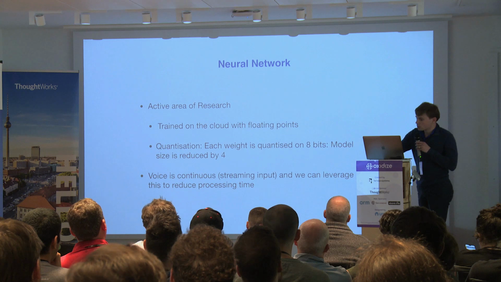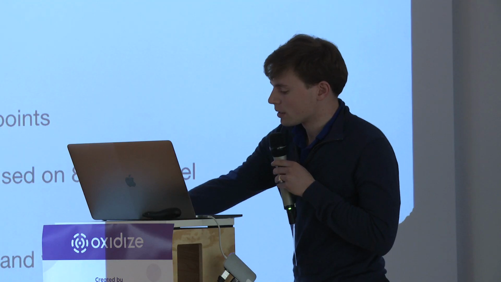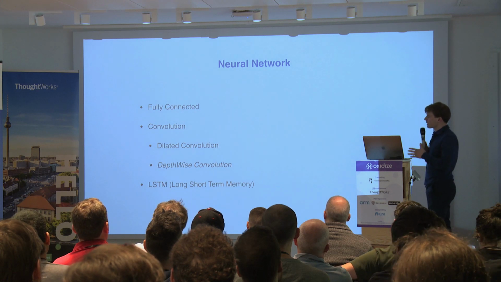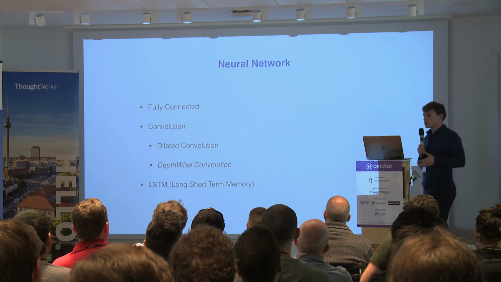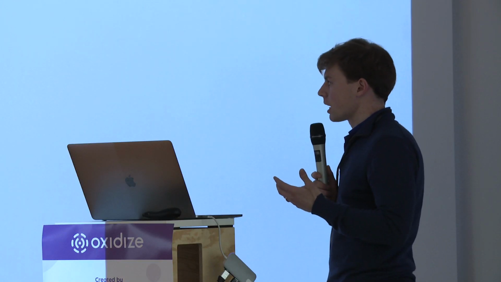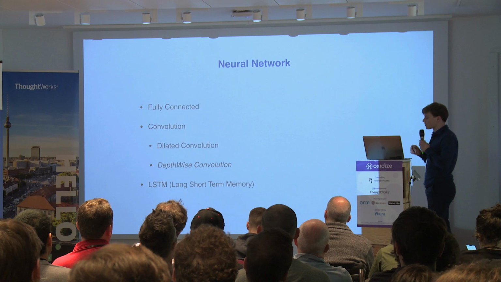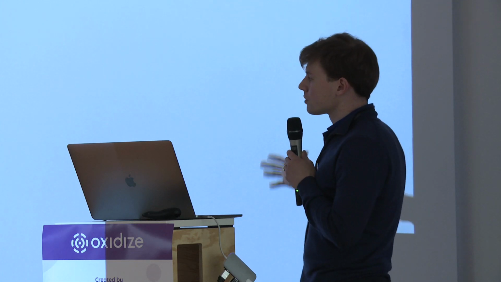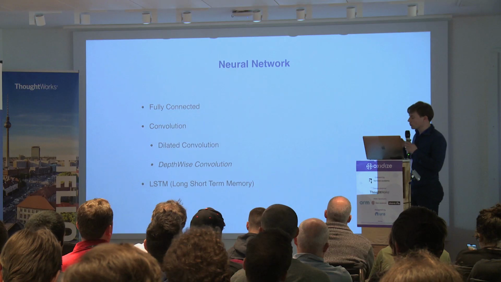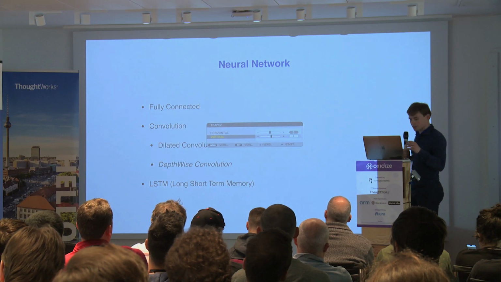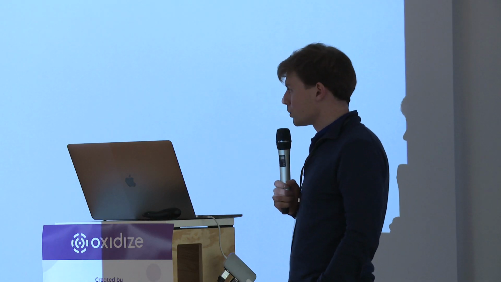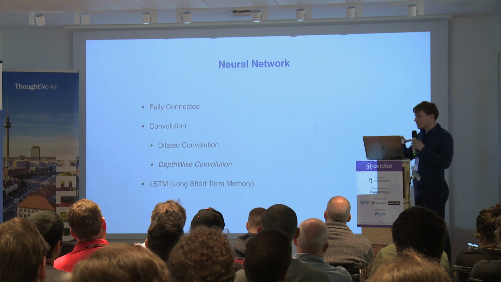So when the neural network is set up, we have different kinds of operators inside it. The classic one is the fully connected one. We can see it as all the nodes being connected together. You have the convolution, which is used when you want to mix the input over time.